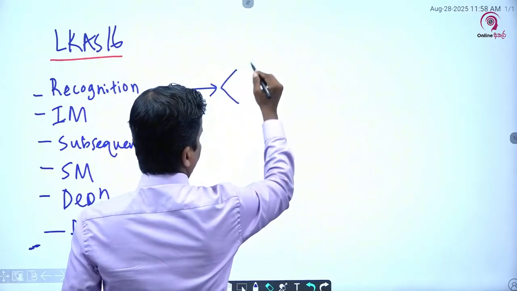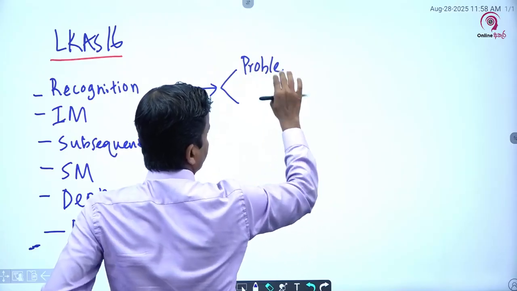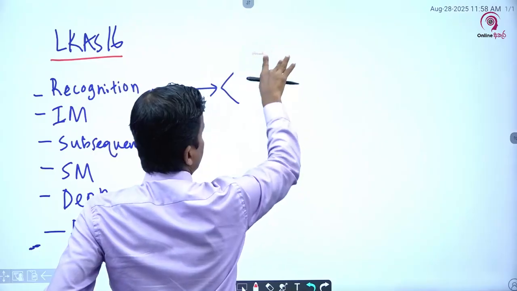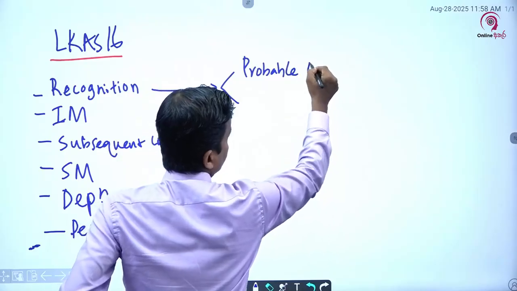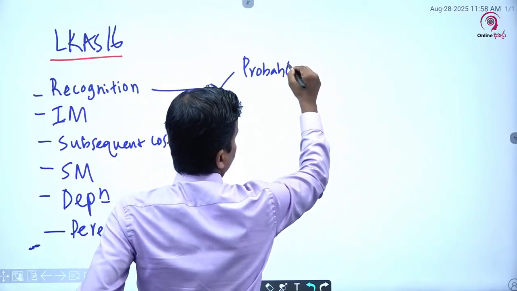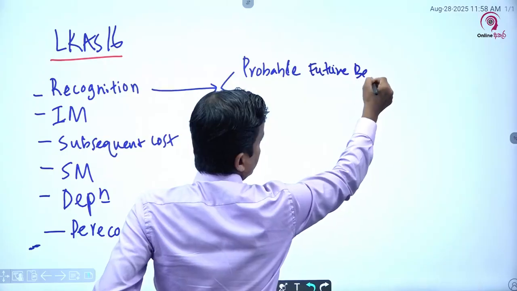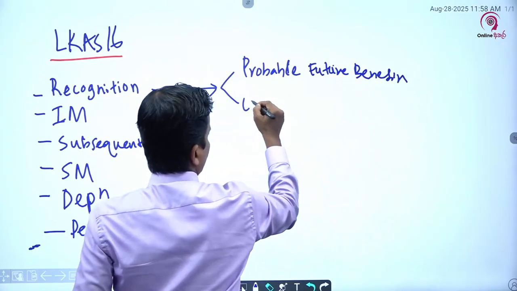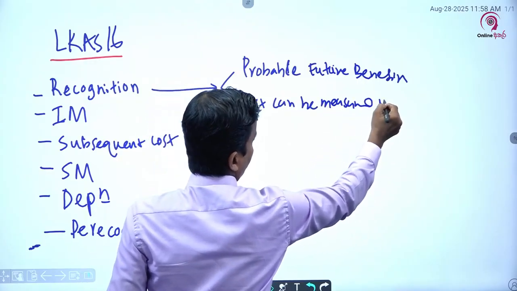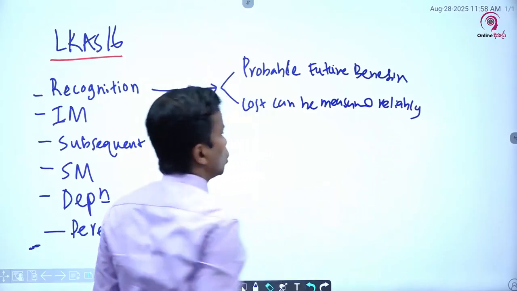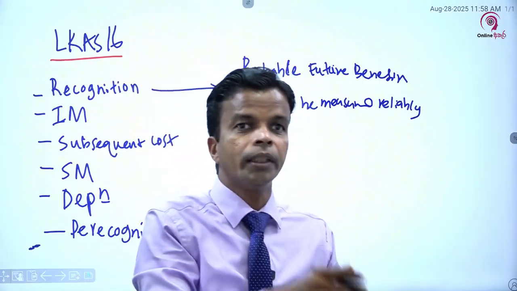First recognition criterion should be that it is probable that future economic benefits will be derived, and the cost can be measured reliably. So those two criteria need to be satisfied for you to recognize an item as a PPE.